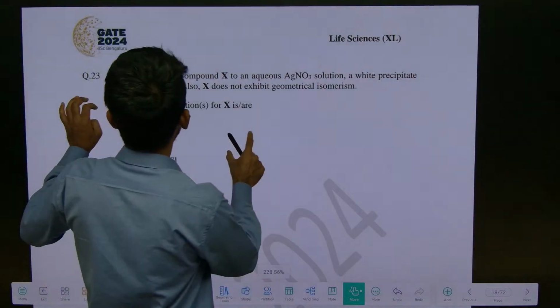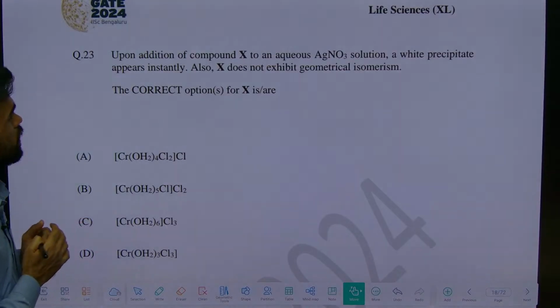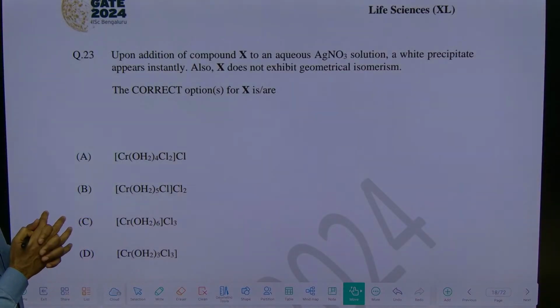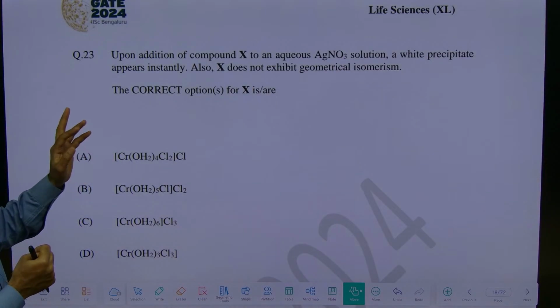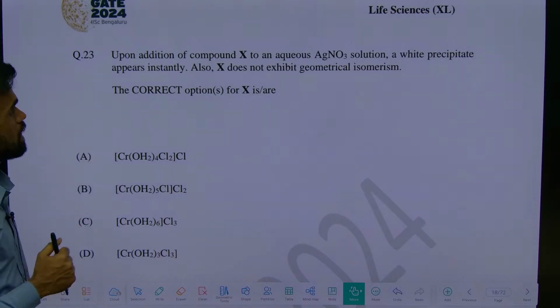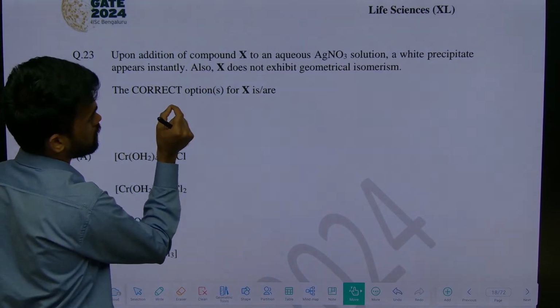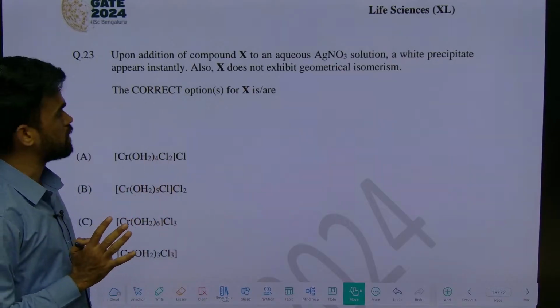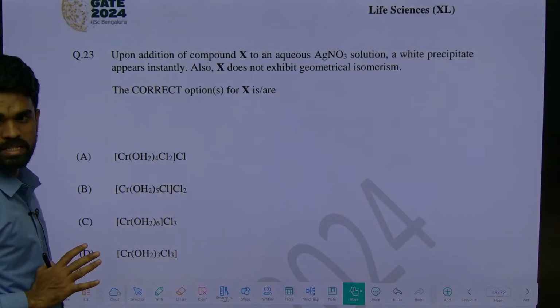Upon adding compound X to an aqueous solution of AgNO3, a white precipitate appears instantly. Also, X does not exhibit any geometrical isomerism. So what is the correct option for X?